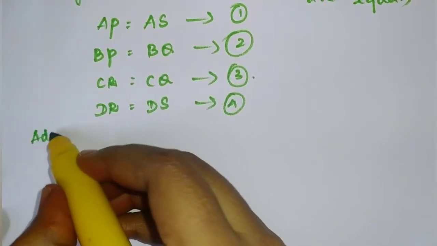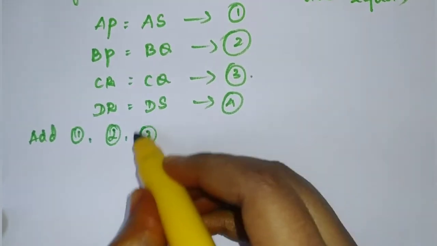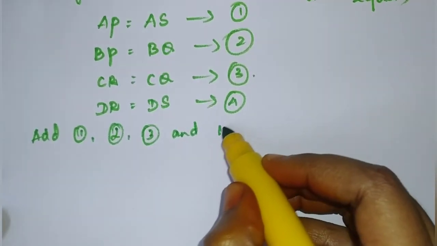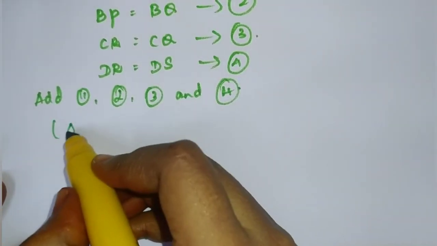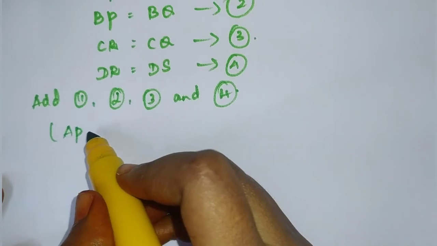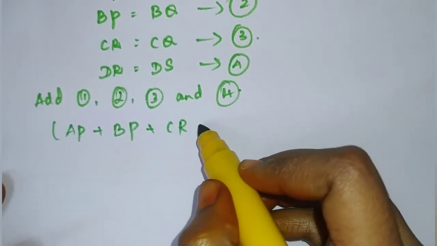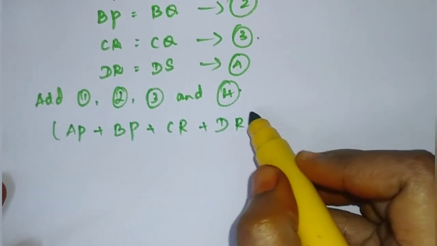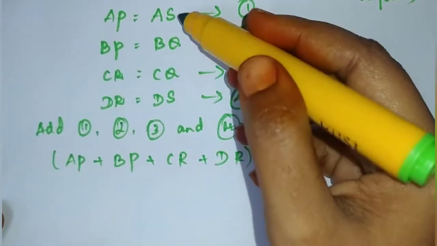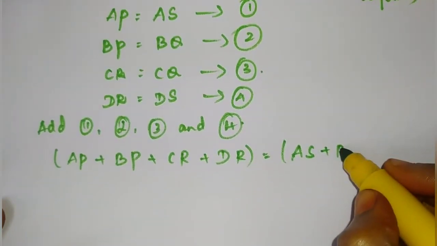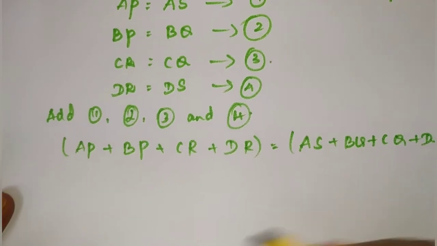Add 1, 2, 3 and 4. AP, BP, CR, DR on the LHS, and on the RHS add everything: AS, BQ, CQ, DS.